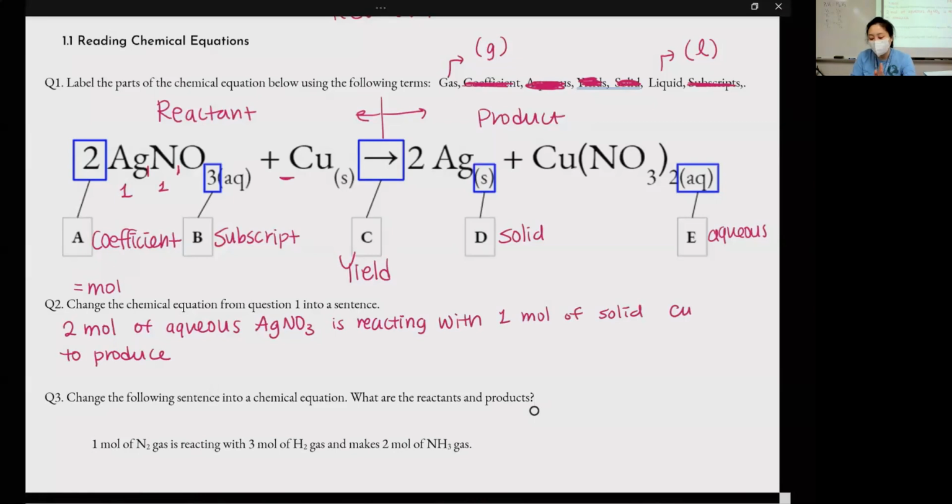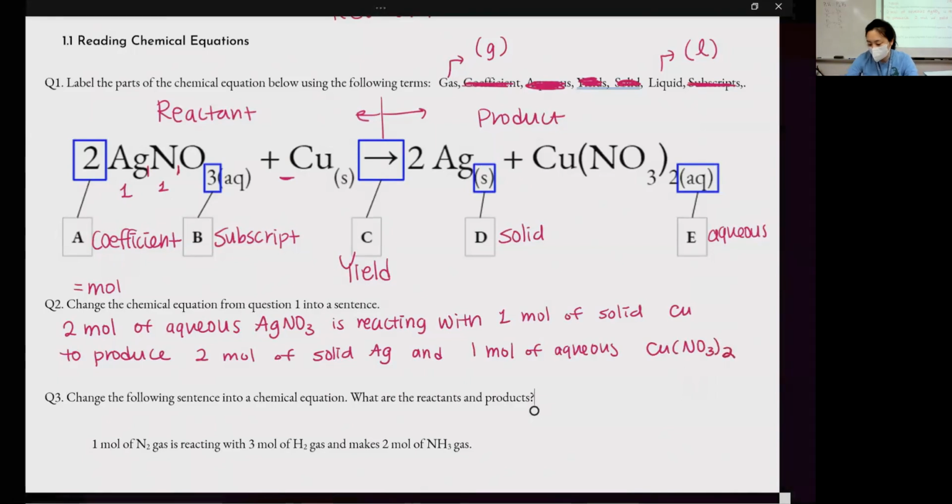Then we're gonna move on to 2 Ag. The 2 means it's 2 moles of, again the state of matter is solid, so we'll write solid Ag. And we have another product, and we have 1 mole of it. So 1 mole of, again the state of matter, which is aqueous, and then we will write the formula, which is Cu(NO3)2.